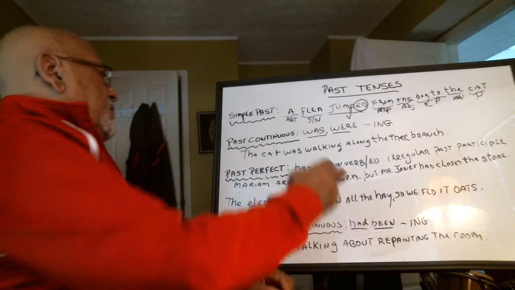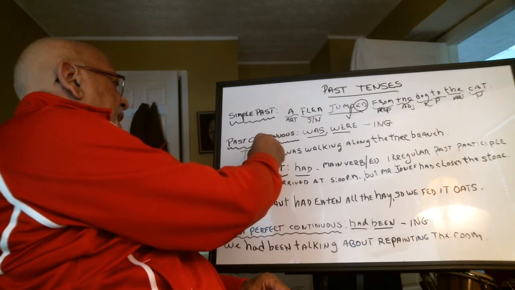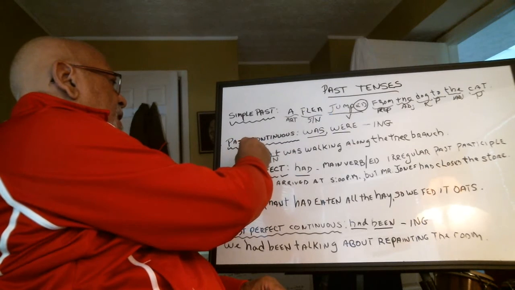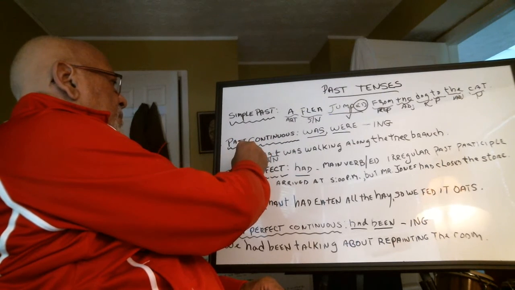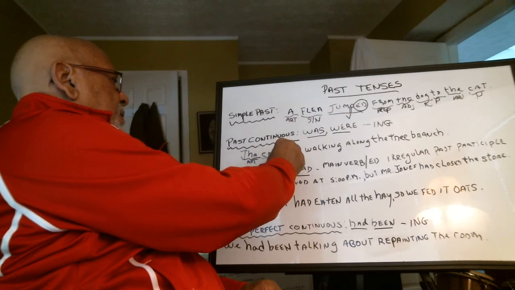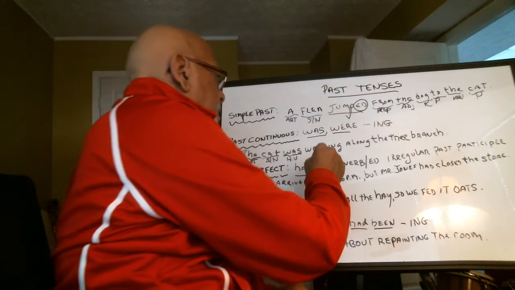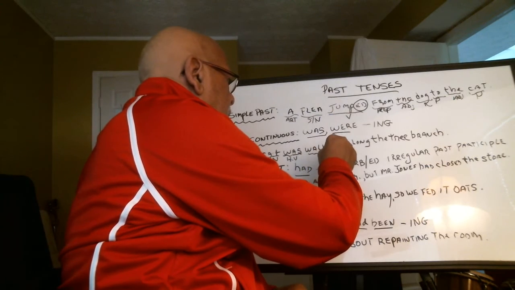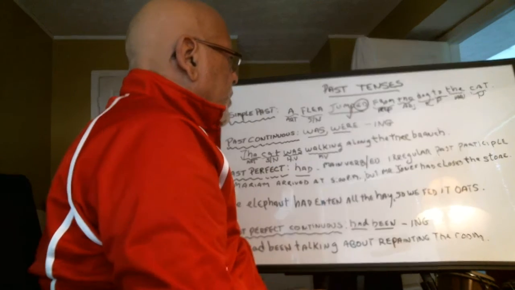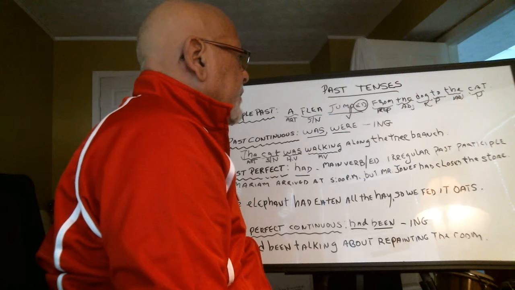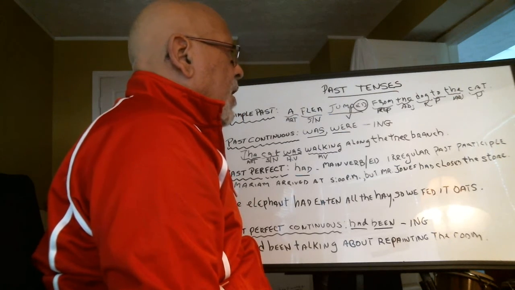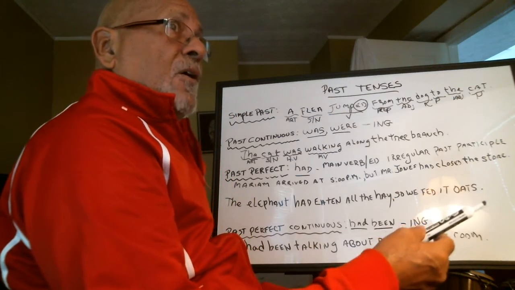Okay, so we have the cat, the article, subject noun, was, helping verb, walking, main verb. The cat was walking. Where? Along the tree branch. Okay?